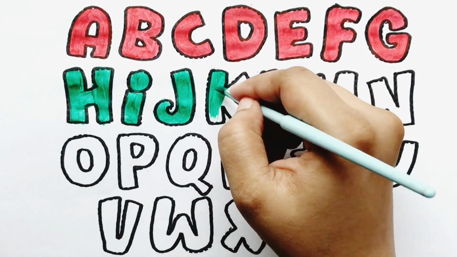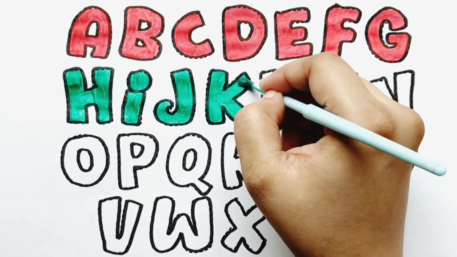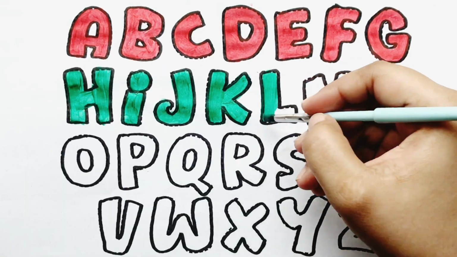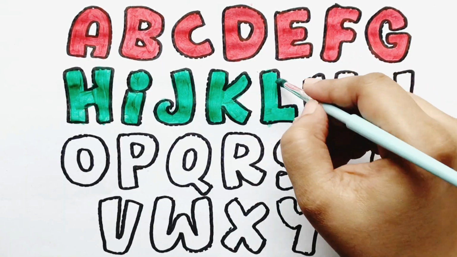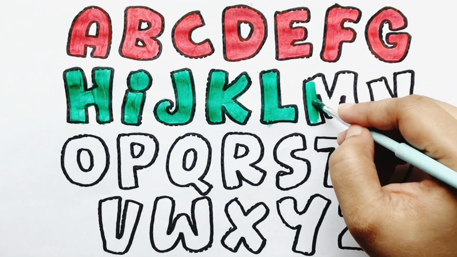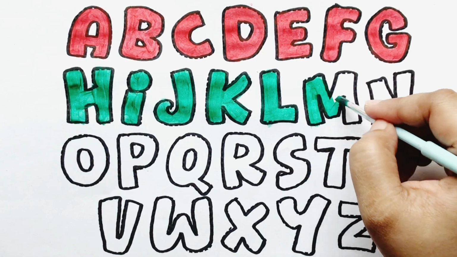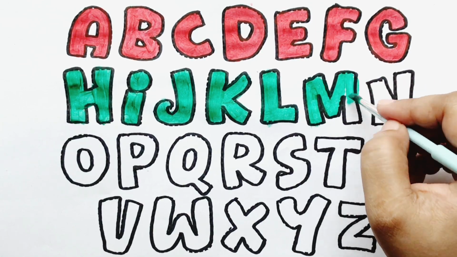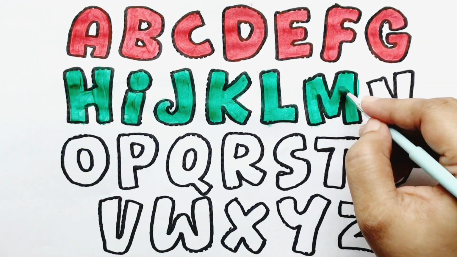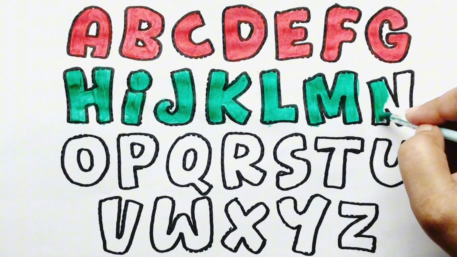K for kangaroo. L for lollipop. M for moon. N for nest.